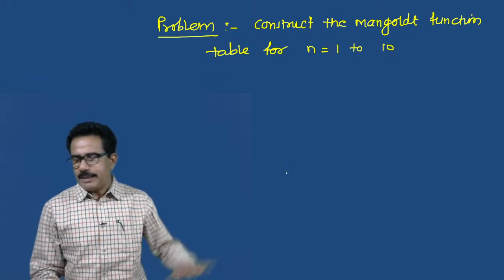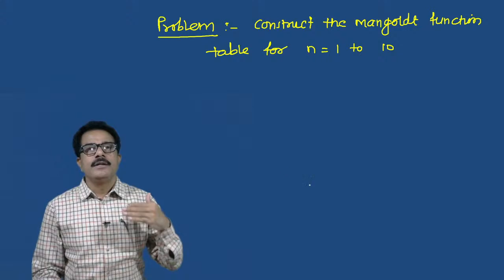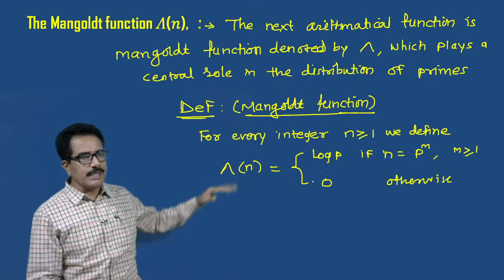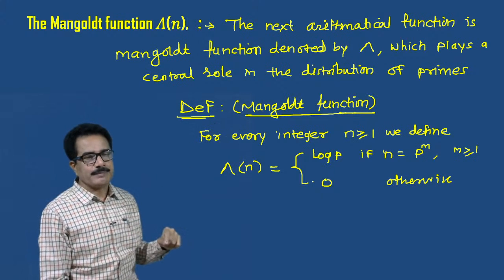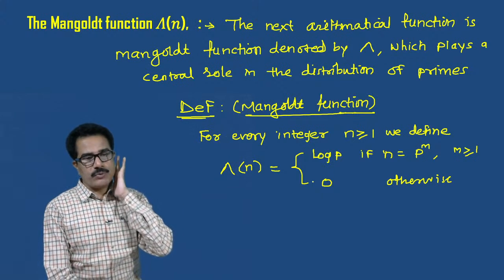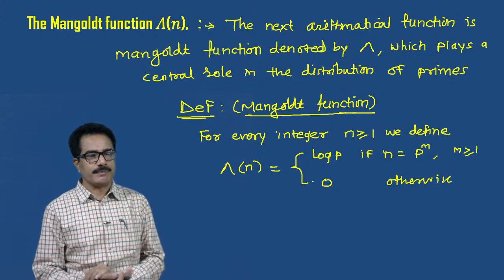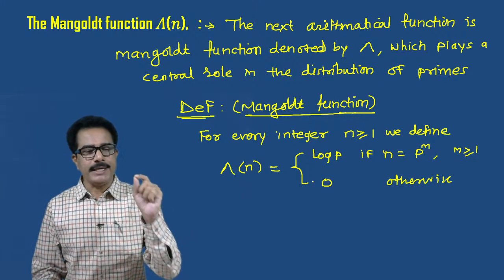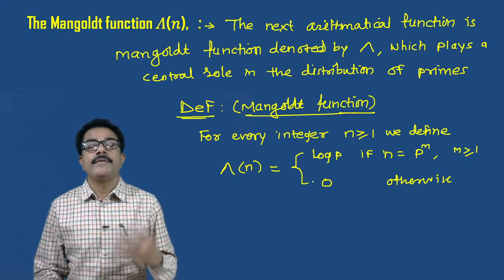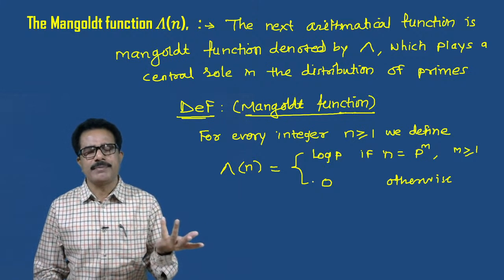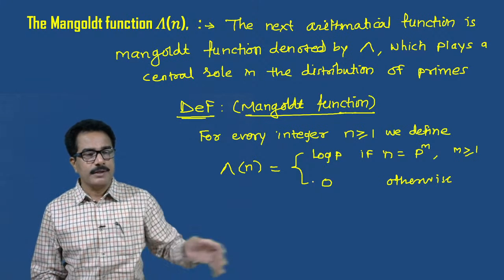So remember the definition of the Mangoldt function properly. What is the Mangoldt function? According to the definition, for every integer n greater than or equal to 1, we define the function lambda of n equals log of p if n equals p raised to m, where p is any prime and m is greater than or equal to 1.